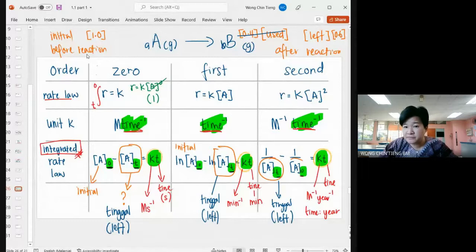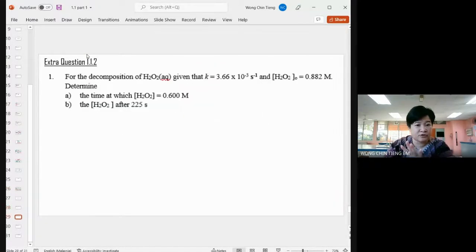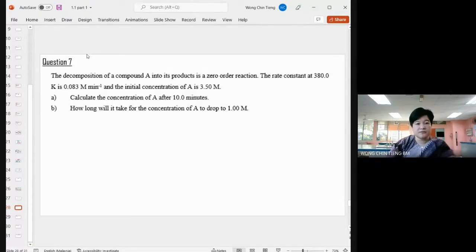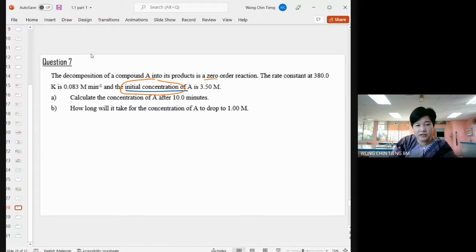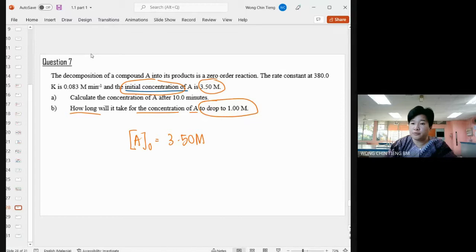Faham? Okay. So, contoh tak payah buat dulu. Kita baca soalan je. The initial concentration is this one. So, your concentration not 3.5. Senang kan yang ni? Baca soalan B. How long will it take for the concentration A to drop to? Obviously, I'm looking for the time.